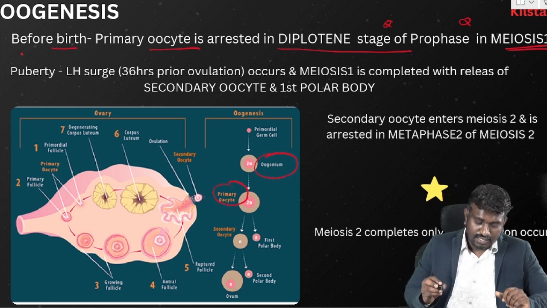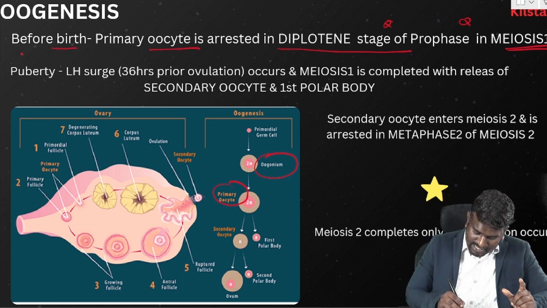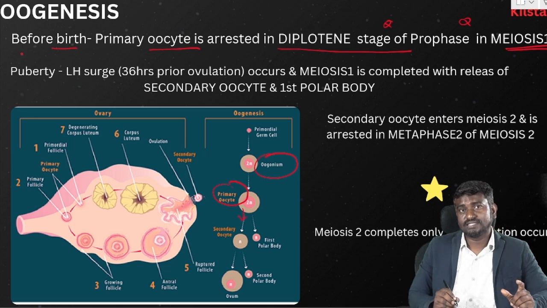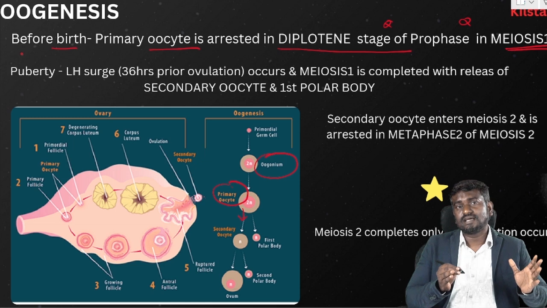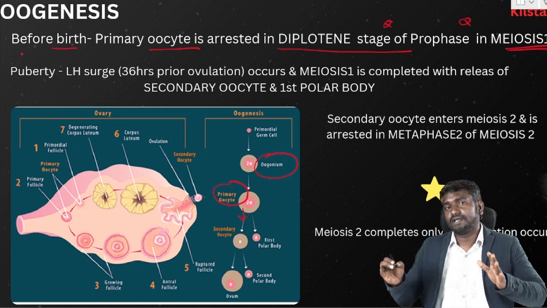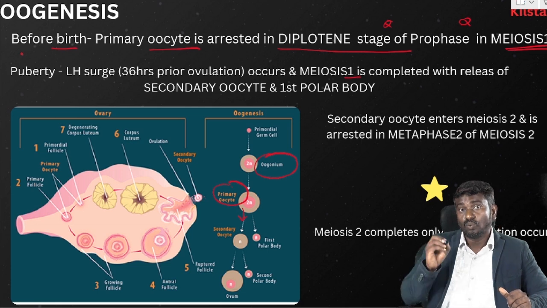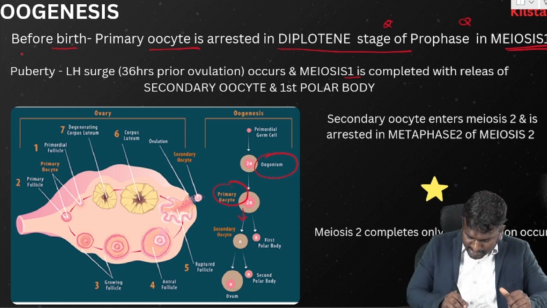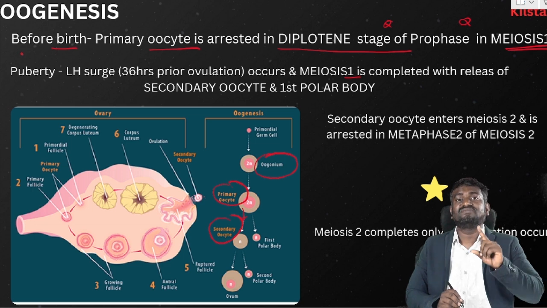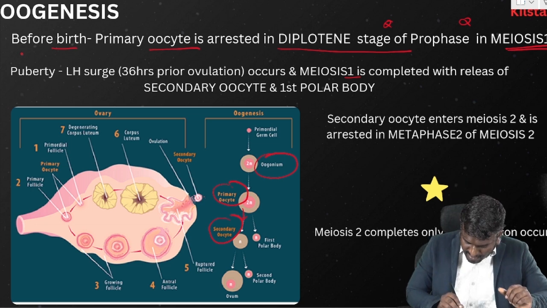Then at puberty, the child has now attained puberty. The LH surge happens 36 hours prior to ovulation. Meiosis 1 gets completed with the release of a secondary oocyte, and along with that the first polar body. You can see the first polar body here as well.